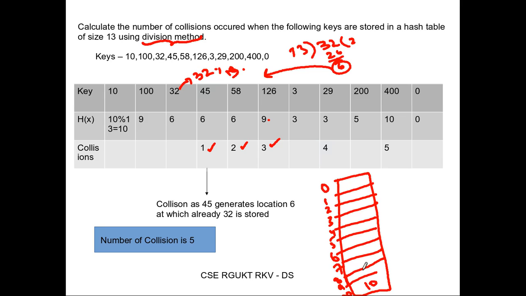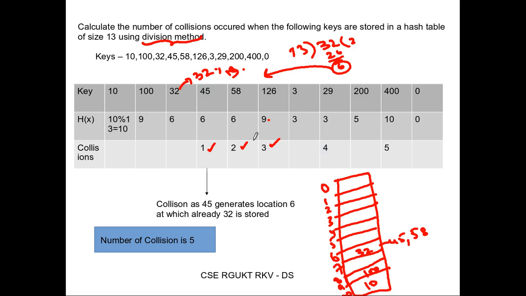Then 100 percentile 13 is 9, so 100 gets stored here. Then 32 percentile 13 is 6, so 32 is stored here. 45 percentile 13 is also 6, so 45 tries to get here, so one collision. 58 percentile 13 is also 6, so 58 comes here, and there is a collision. We are not trying to resolve it, we are just calculating the number of collisions.